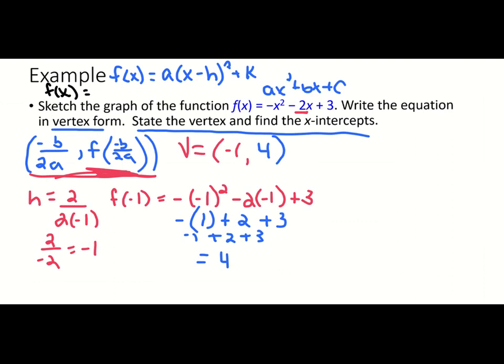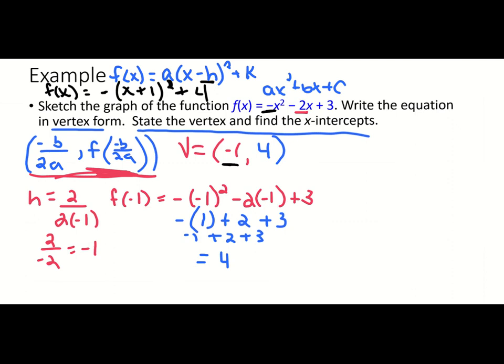In this case, our a is negative x squared, or negative 1. So I'm going to put a negative there. You can put the 1 if you want, you don't have to. It would be x. Now, our h is a negative 1 here, but remember, it's a negative there. So it's really going to end up being x plus 1 squared plus our 4. So that would be our equation in vertex form.